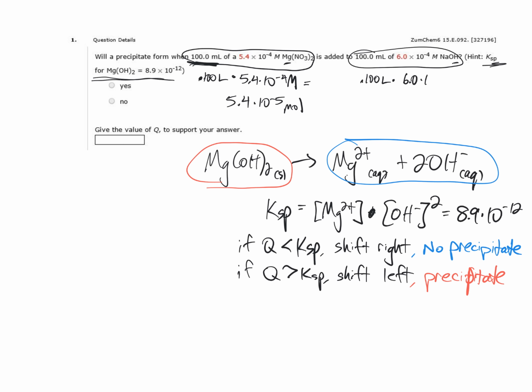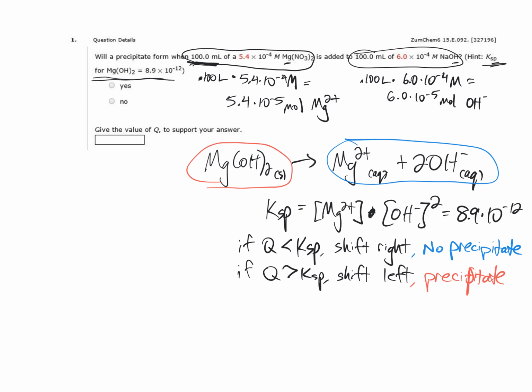0.1 liters times, in my case, the red number is 6.0 times 10 to the negative fourth. So that gives me a number of moles of hydroxide that's 6.0 times 10 to the negative fifth. So now we know the number of moles of each of the ions that make up our potential precipitate.